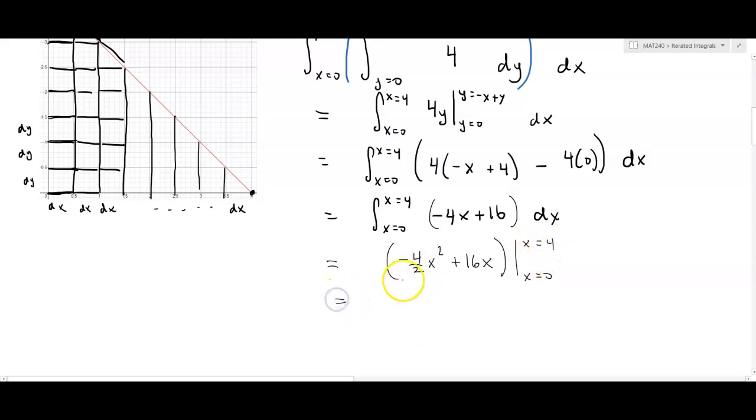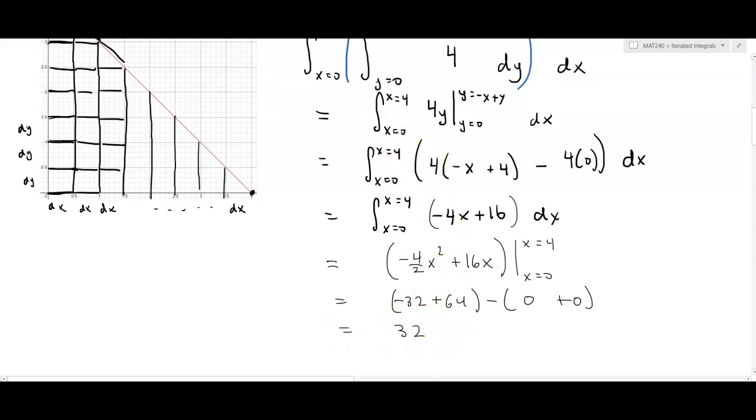Substituting in 4, 4 squared is 16, and 16 times -2 is -32. 16 times 4 is 64, so plus 64. When I evaluate it at 0, I'll just get 0 plus 0. And so my integral comes out to positive 32.